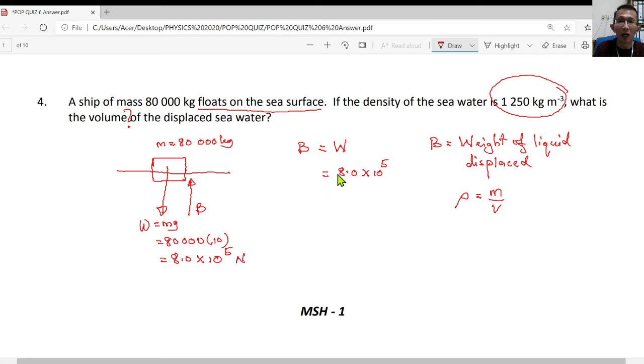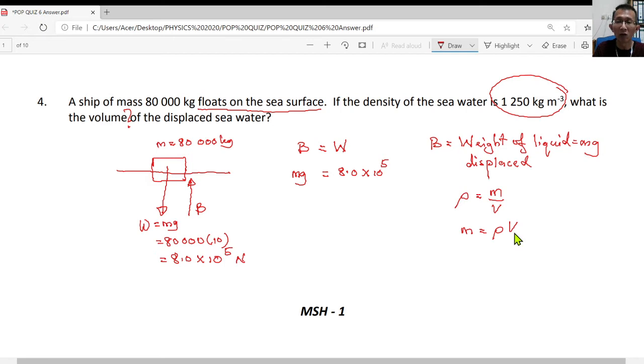I can write my buoyant force equal to the weight of the liquid, so I'm going to put this as mg: the mass of the liquid displaced multiplied by gravitational acceleration, to get the weight. I need to know my m so that I can put it into this equation. So m equals rho v, density multiplied by volume.